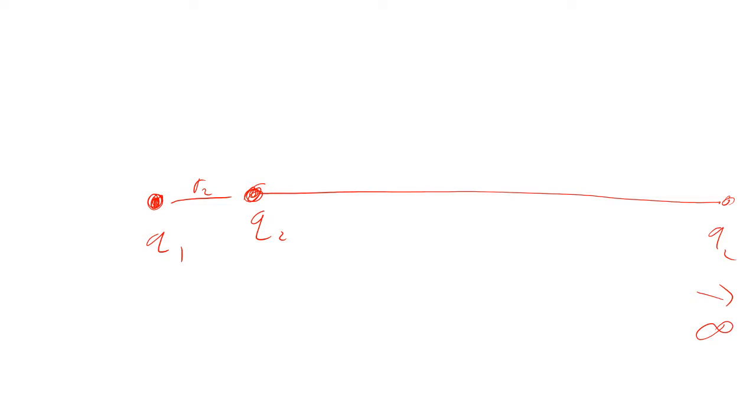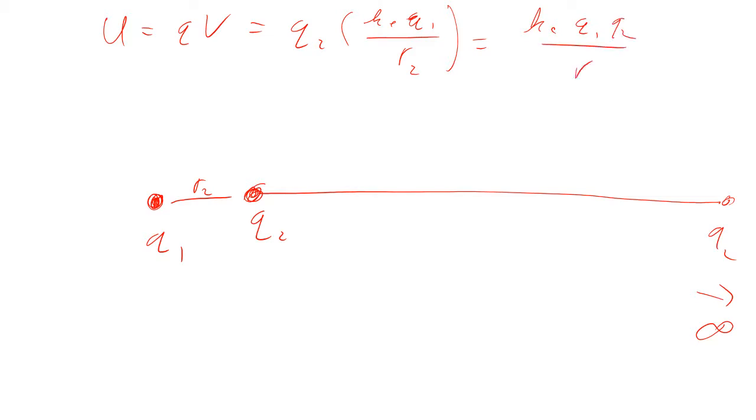Well, from what I just said, the energy is going to be QV. So that means it would be Q2 times the V due to Q1. And so that would be KQ1 over R2. So that would be KQ1, Q2 over R2.